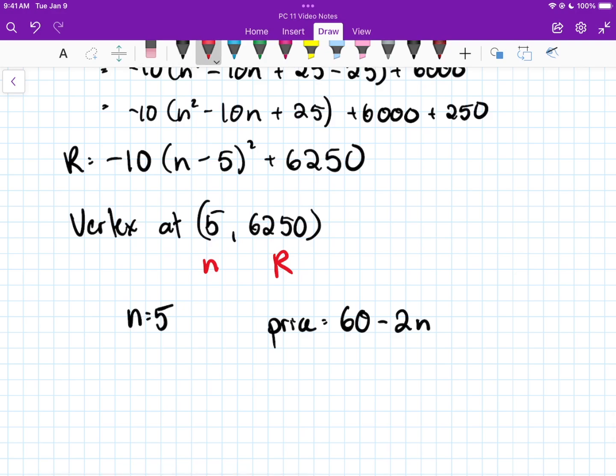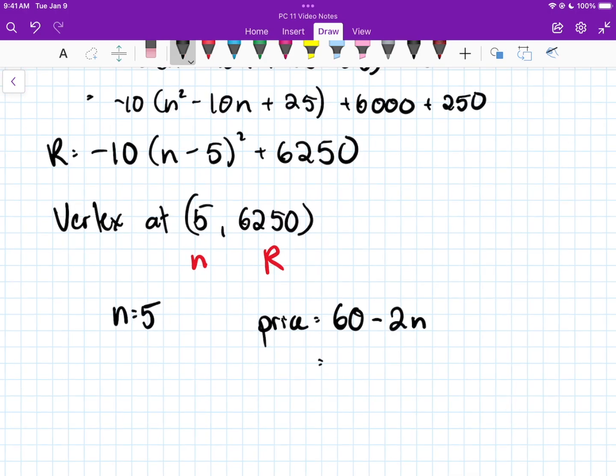So we're going to take the n, we're going to replace it with a 5, and we're going to figure out what the best possible price is for us to be able to make the most money. So that's going to be 60 minus 10, which is just going to be $50.